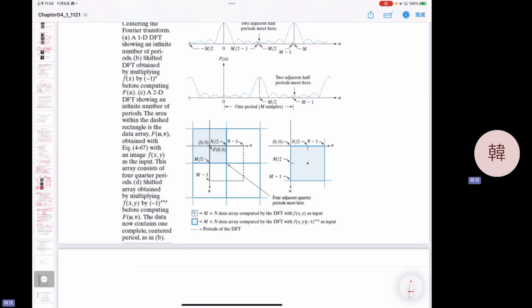And then the G image is the real part of the IDFT of this product, multiplied by this one. You have to multiply this back.